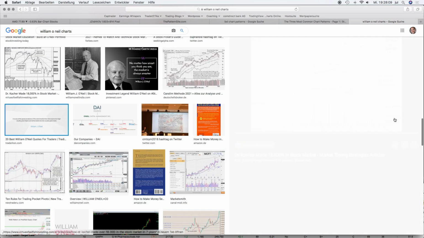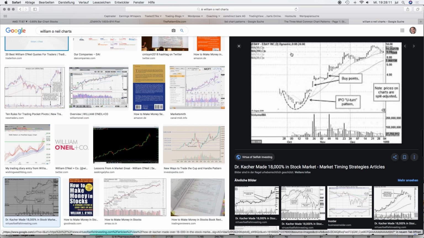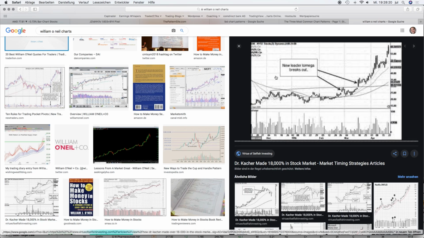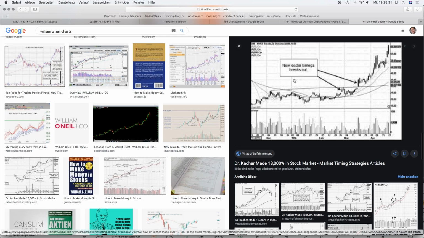So when we look at, for example, this example here from Chris Kacher, this is eBay, but also when I see that chart here, I think this is Iomega. Yeah, right. So this is Iomega. That's a delisted company from the 90s, and you can see very similar chart patterns here.